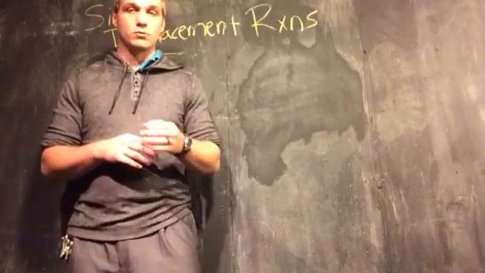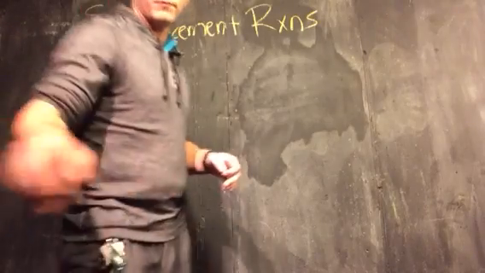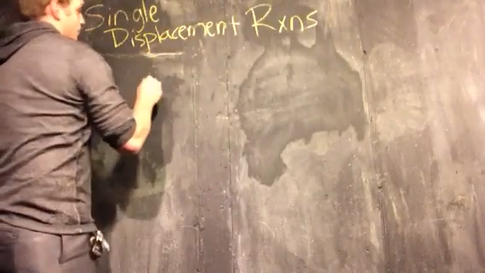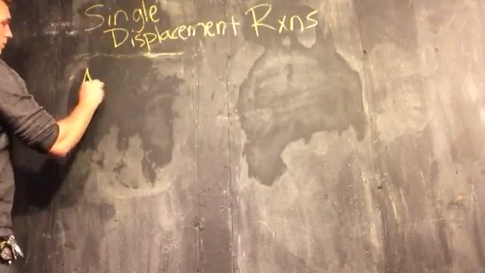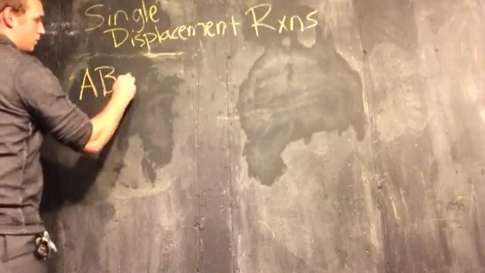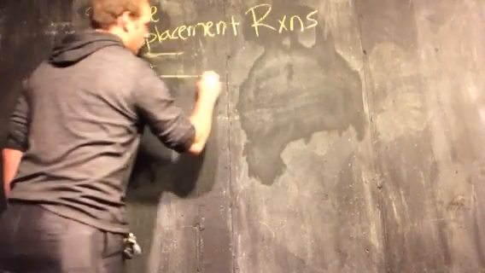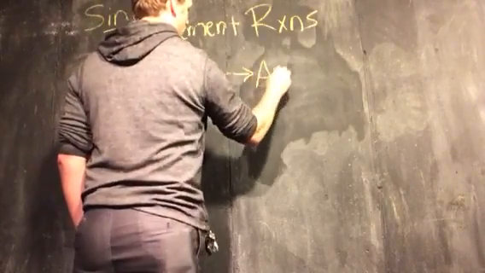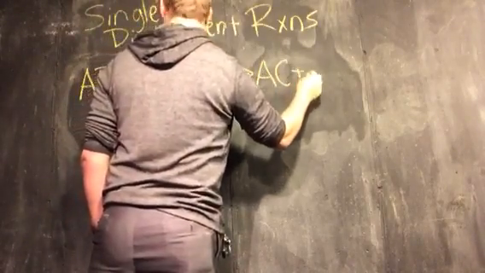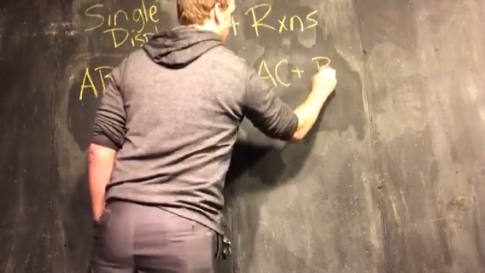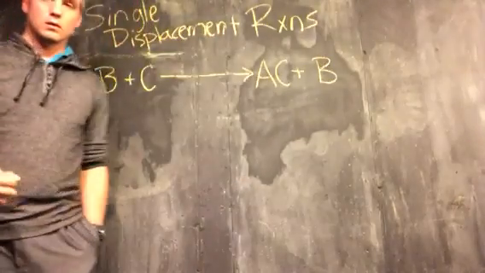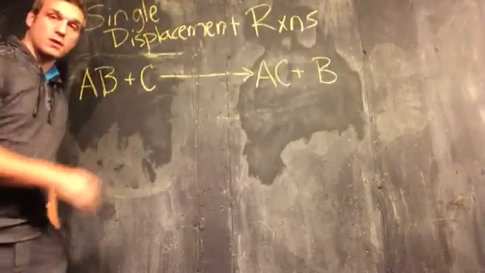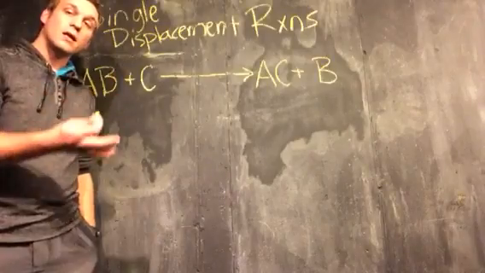If we think about what this really means, let's write a few letters on the board. Option number 1, you have AB plus C. These are different elements.